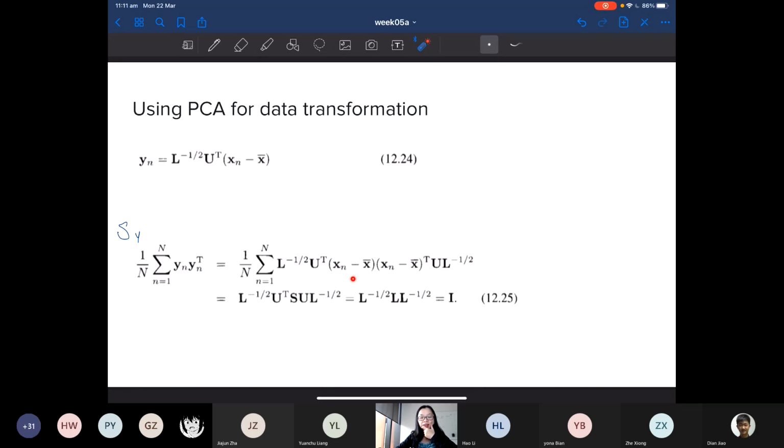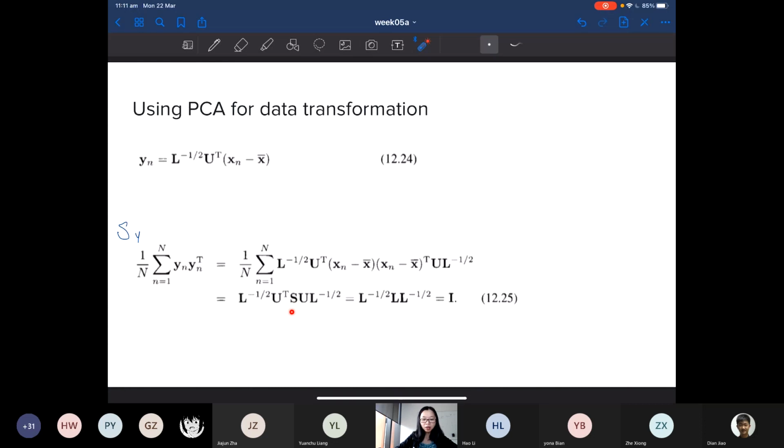So we now stare at this whole thing, and we found that the L part and U part are not dependent on the data x_n, so we can take them out of the sum. And if we stare at the sum part, right, 1 over n sum over n of x_n minus mean of x times its transpose, it's the outer product of the decentered x_n with respect to itself.